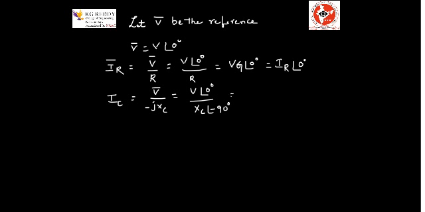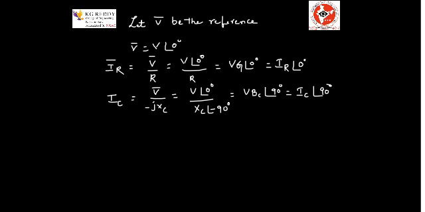That equals V into BC at an angle 90 degrees. So this is IC at an angle plus 90 degrees.